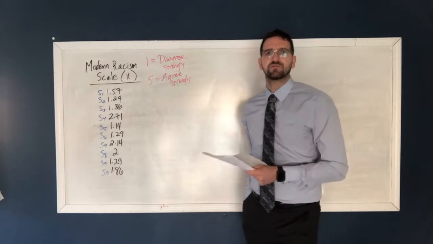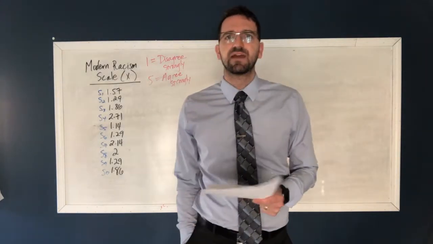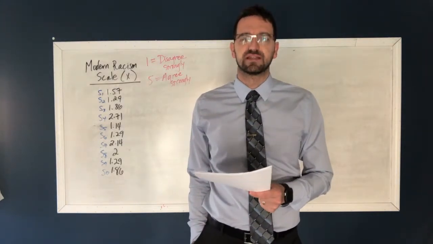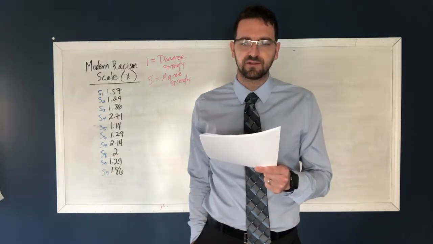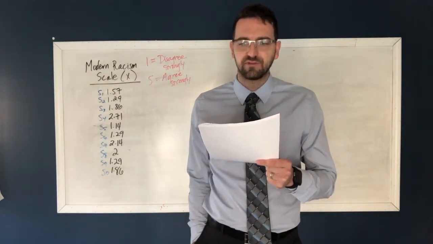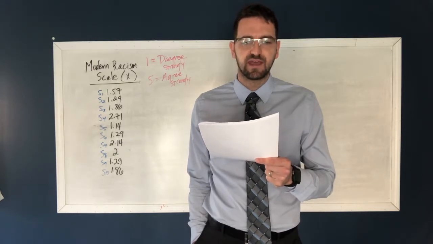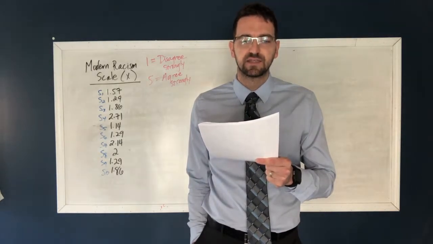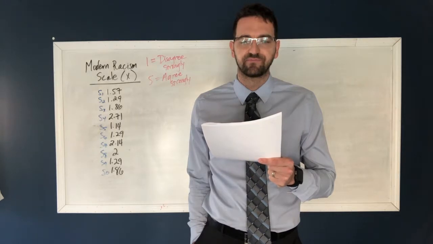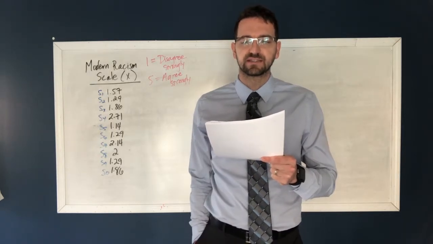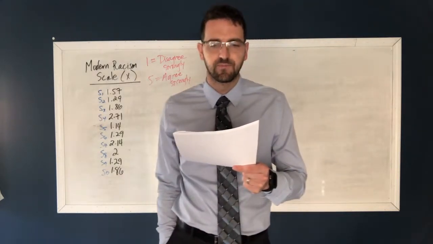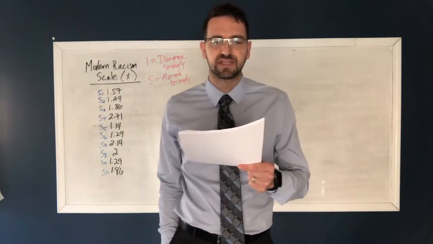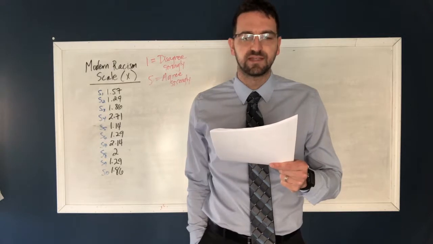So what is the modern racism scale? Well, it's a measure of explicit prejudice. Some of the items included on this scale are: over the past few years, the government and news media have shown more respect to blacks than they deserve; discrimination against blacks is no longer a problem in the United States; blacks should not push themselves where they're not wanted.